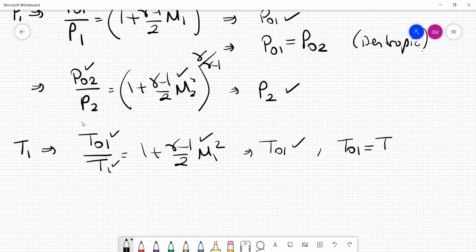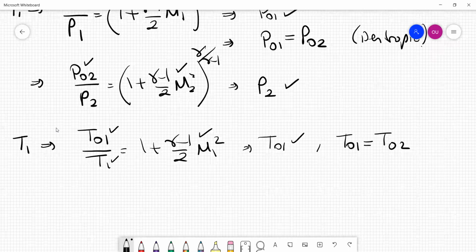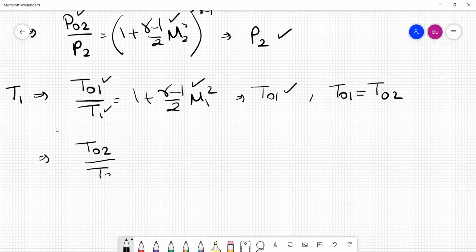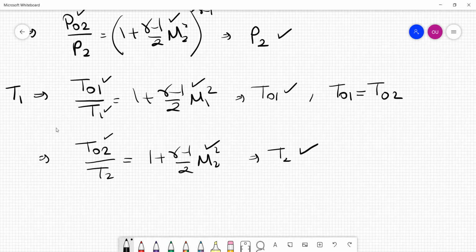Well, it does not change even in shock waves. In expansion waves, it does not change either. T01 will be equal to T02, so I can use the same relation now, T02 over T2 equals 1 plus gamma minus 1 over 2 M2 squared. M2 is known, T02 is known. Here I get T2.